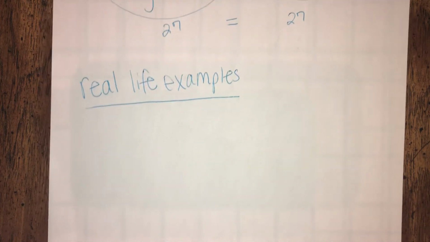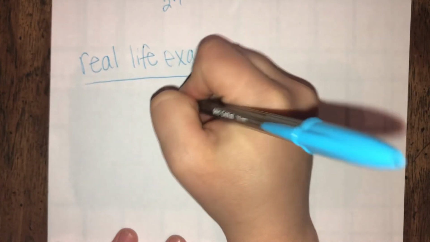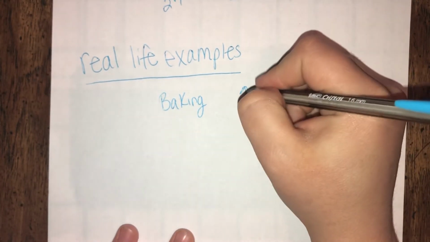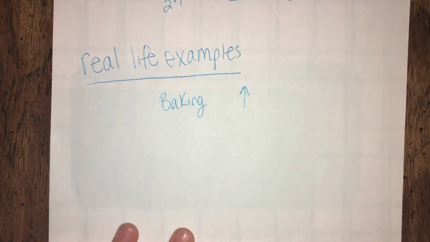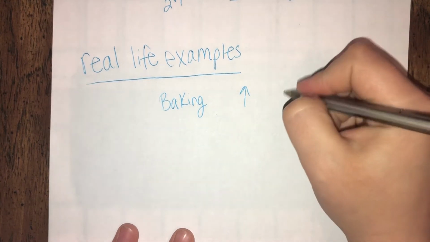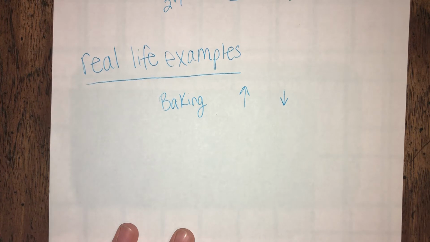Some real life examples of proportions that you guys should be kind of connecting with. First example that I always think of is baking. Any kind of recipe, if you're cooking, you've got to think about it. Your goal with certain recipes is to decide, am I cooking for a lot of people? Then I might need to make my recipes get larger. If I'm cooking for just me, I might need to make them go smaller.